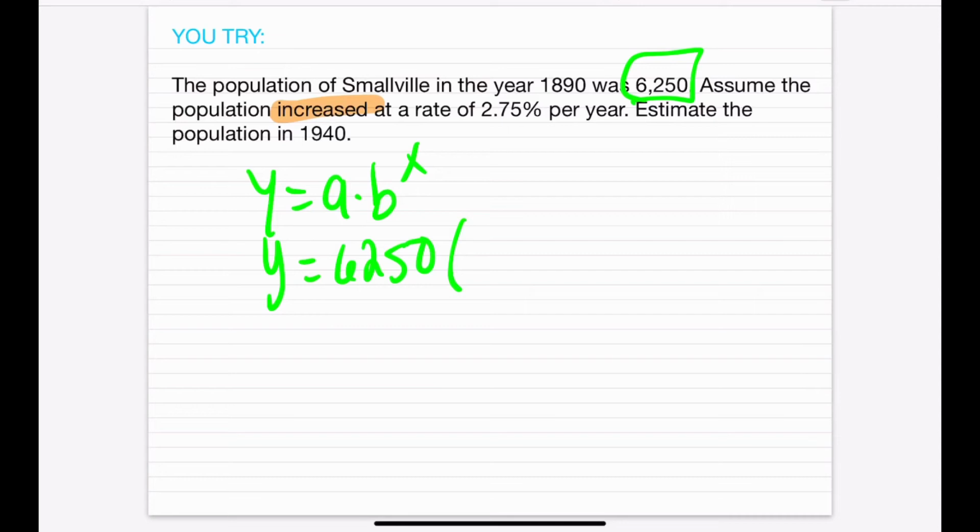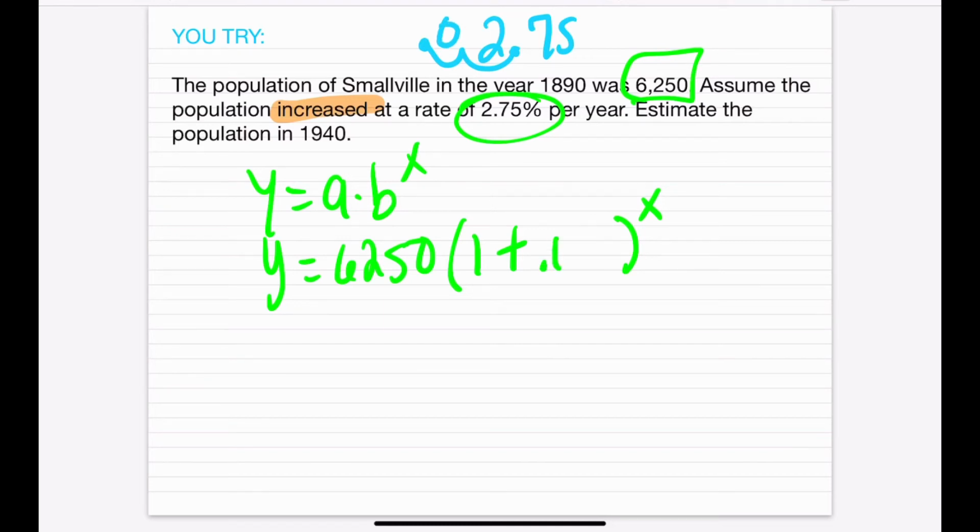Keyword was increase, so we have an exponential growth. So 1 plus the rate. It increased at a rate of 2.75% per year. So 2.75%, divide by 100 or move 2 places to the left, fill that in with 0. So our rate is 0.0275.